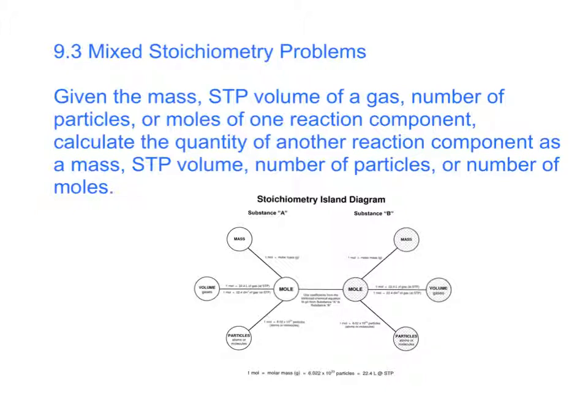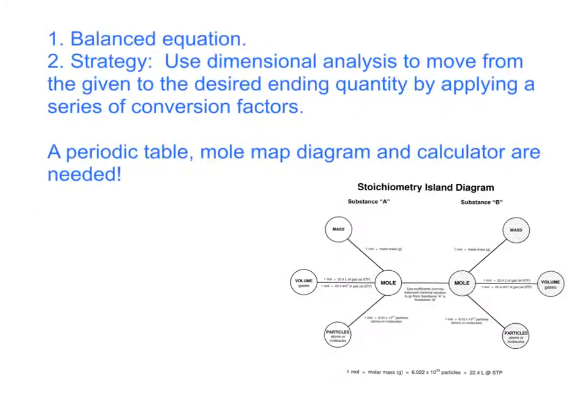So let's get started with this. As with all stoichiometry problems in chemistry, the beginning is a balanced chemical equation, and then you're going to have a strategy. You're going to look at the given, your starting value, and figure out how to use your dimensional analysis, your fence post method, to move from the given to the desired ending quantity.